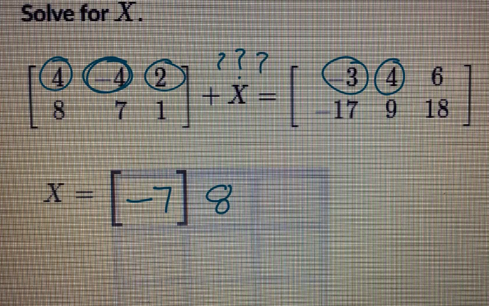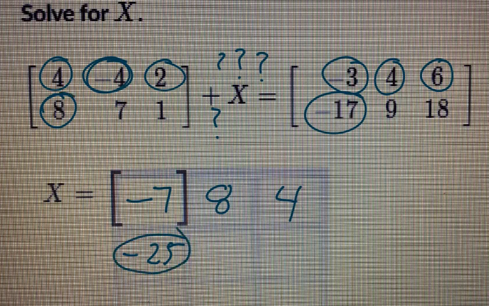2 plus what in here gives me 6? 4 plus 2 is 6. 8 plus what in here would be negative 17? Ooh, think hard. That's going to be a negative 25. Negative 25 plus 8, guys, is negative 17.